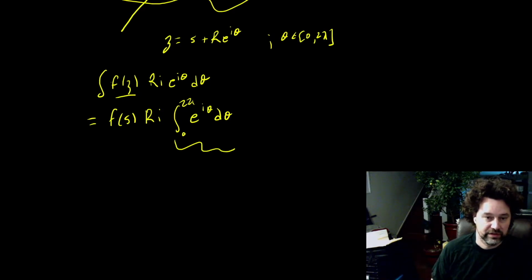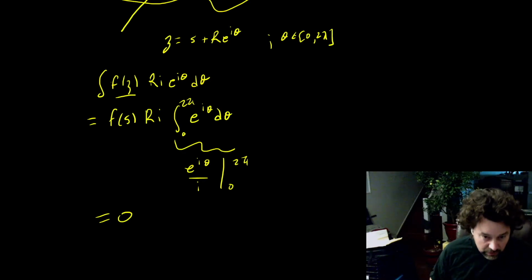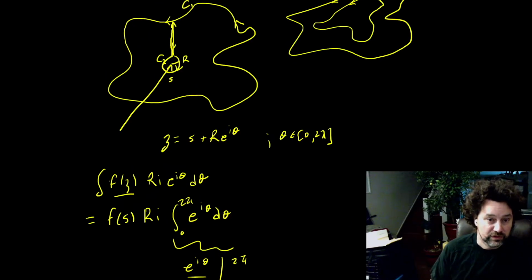And what do we have here? We have e to the i theta over i between 0 and 2 pi, which is 1 over i minus 1 over i, which is 0. So our integral over C2 is 0, and our integral over C1 is minus the integral over C2.